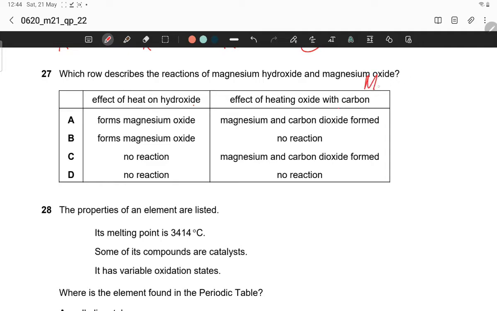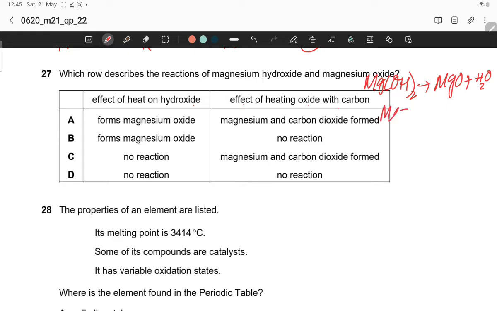Magnesium hydroxide forms magnesium oxide plus H2O. And effect of heating oxide with carbon.